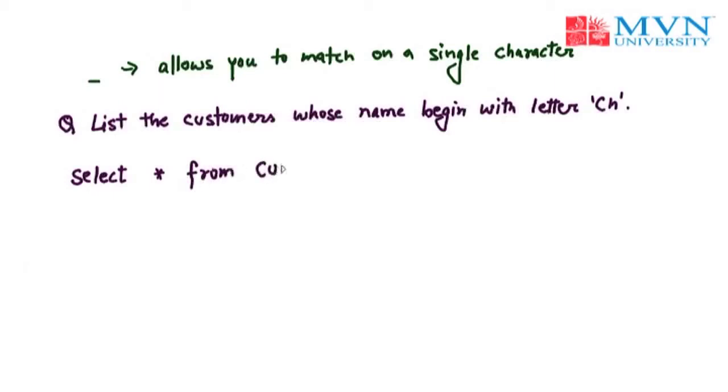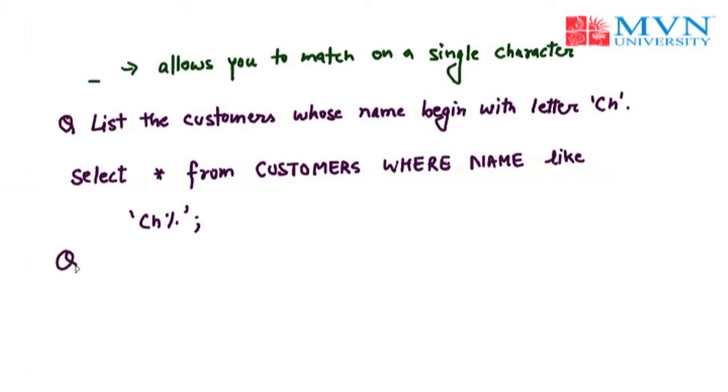Suppose the table name is customers, where name like CH%. This example will retrieve all the records where the value held in the field name begins with CH. The percentage indicates that any number of characters can follow the letters CH.